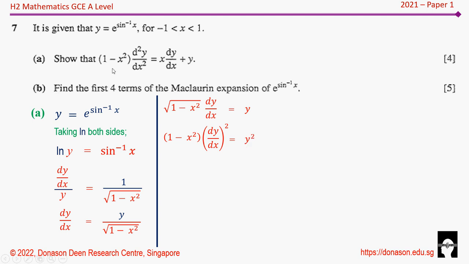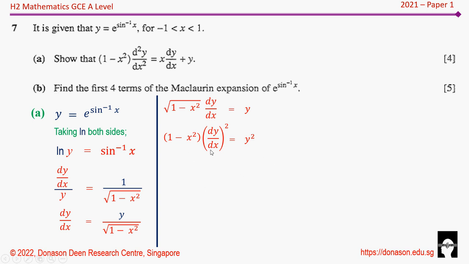So you can see we are getting somewhere closer to this. It has a 1 minus x squared in a bracket, there's no square root sign at all, so it looks somewhat similar. So in order to get to the second derivative, we need to differentiate it once more.